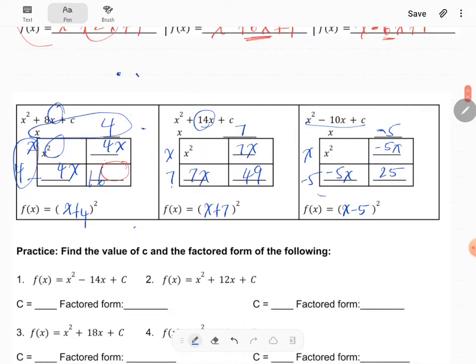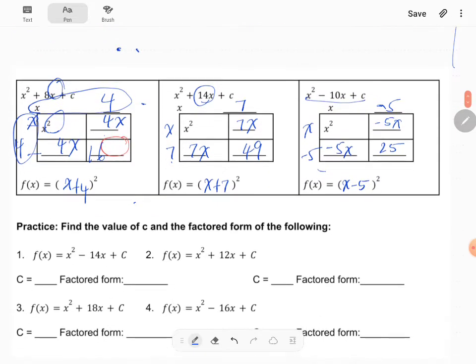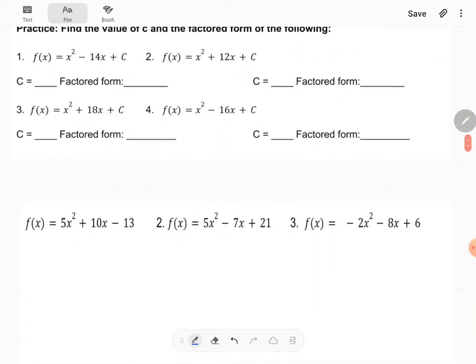Now, you could use the box method in your mind, visualize it, and write the values of the C and the factored form here. It's up to you, right? You can even draw a small box here if you want.